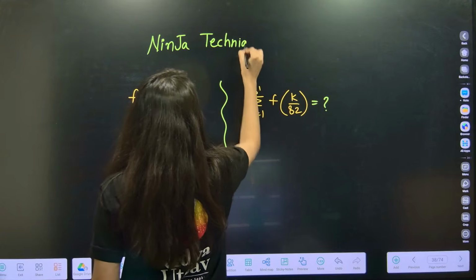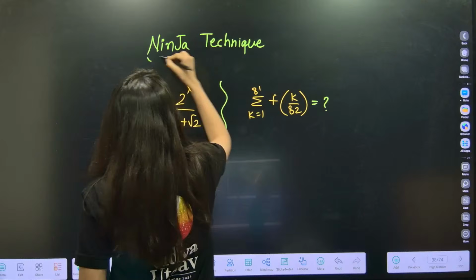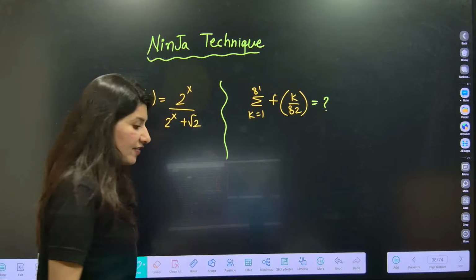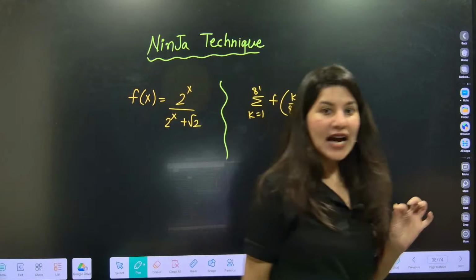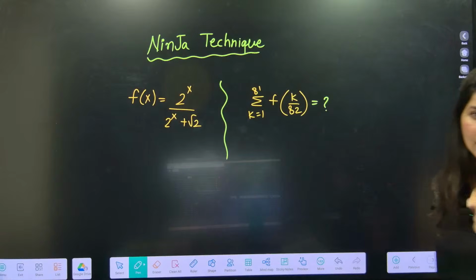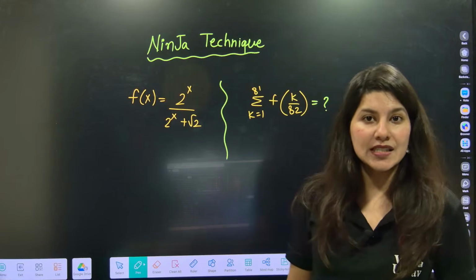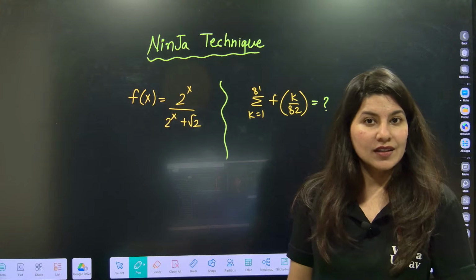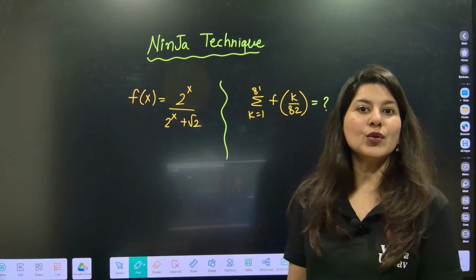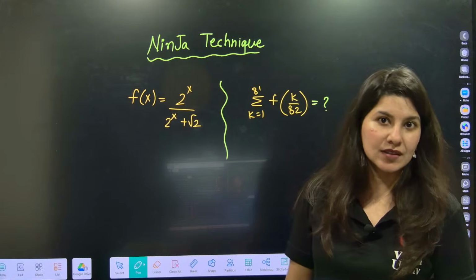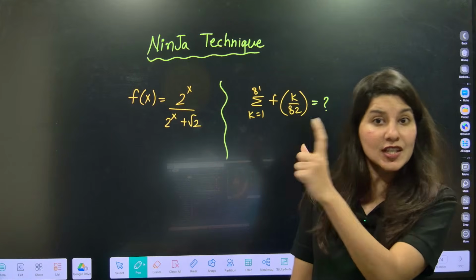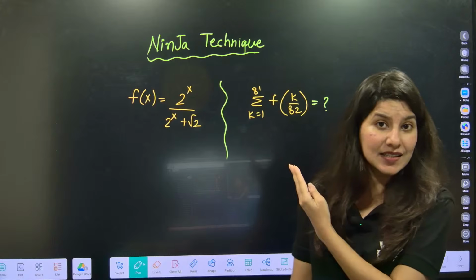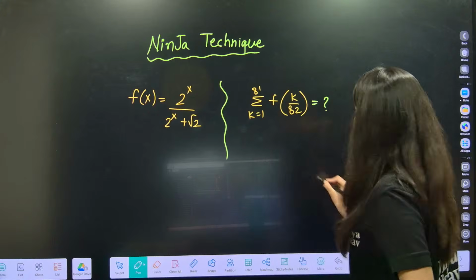Ninja technique says: step number 1, identify the number of terms. If the number of terms is even, then all you have to do is divide it into pairs. But if the number of terms is odd, as in this case, how many terms, ma'am? 81 terms.